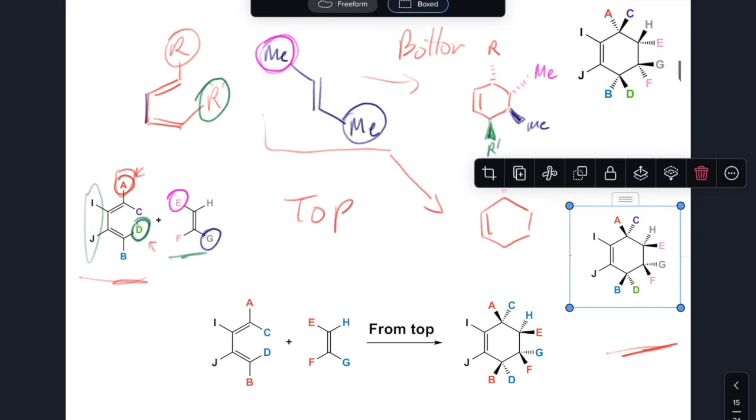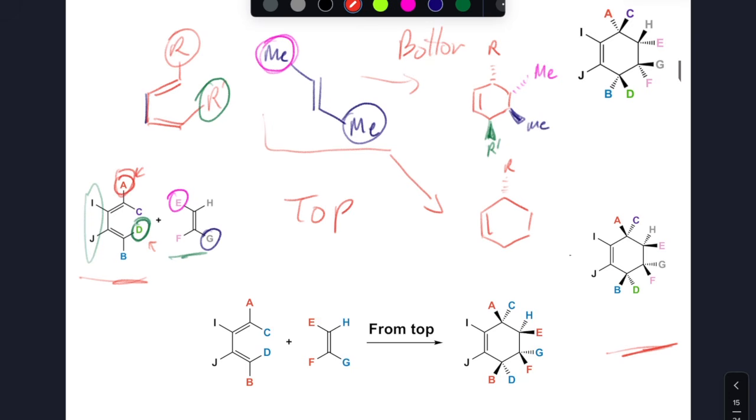So A is my R group. R prime is my D group. My E group right here will be wedge also, methyl, and the last one, G back here, is dash. It's my second methyl group. So once again, if you look at these two, these are now syn, which is different than the previous two.